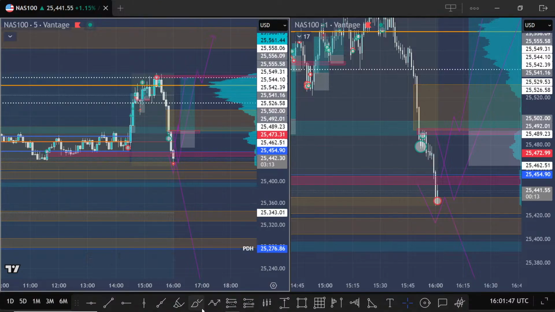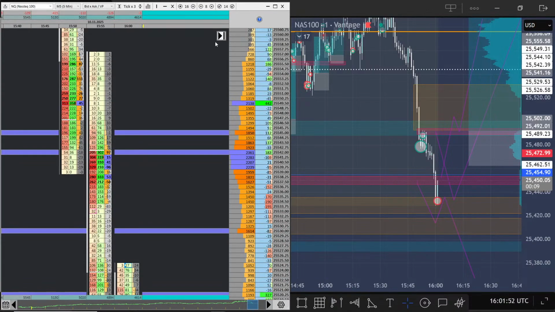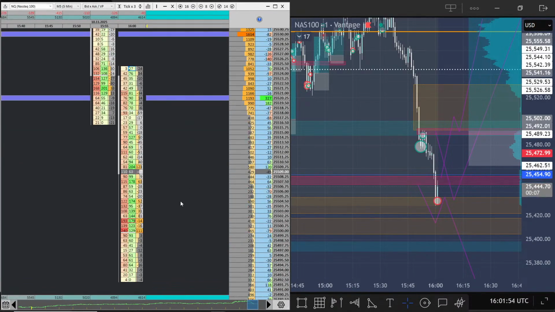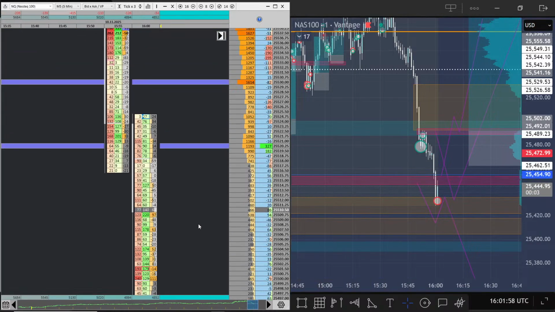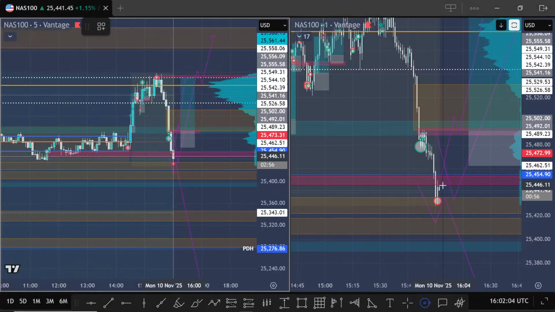Break below the value area of the original range. Filling the low volume node.